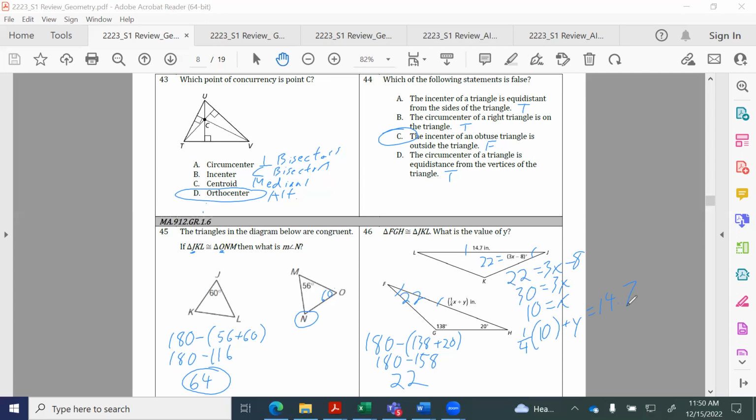So 1/4 of 10 is 0.4. Subtract off the 0.4, and you got 14.3. And that's y.